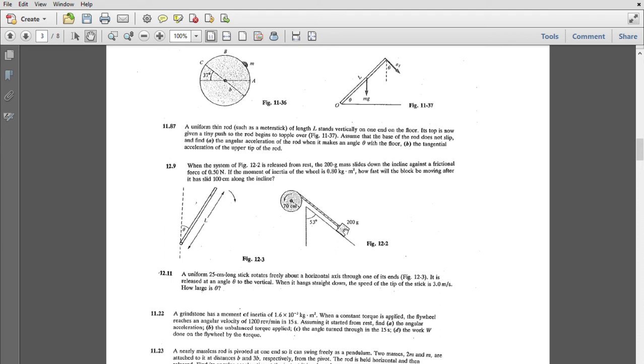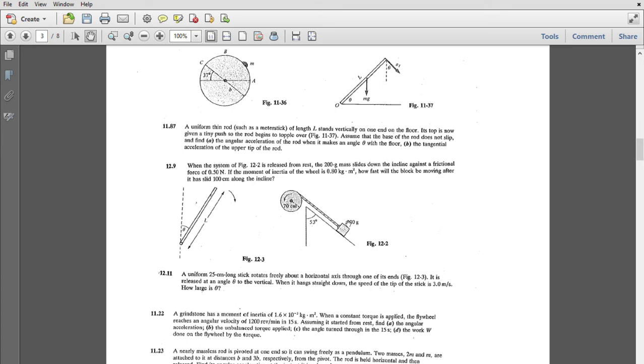The normal force from the plane, the frictional force from the plane, and the force from the pin at the center here we'll call external forces. The pin, I'm assuming this is a frictionless wheel here, but it says there is friction there.